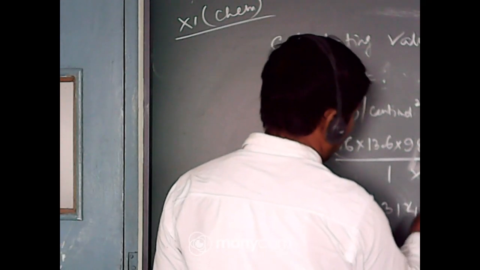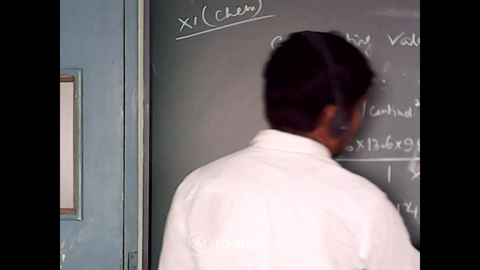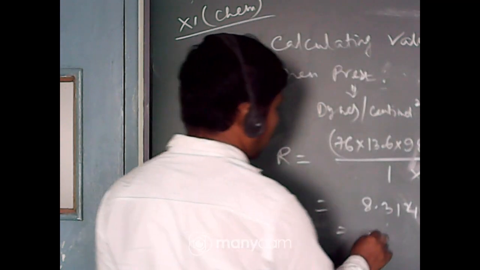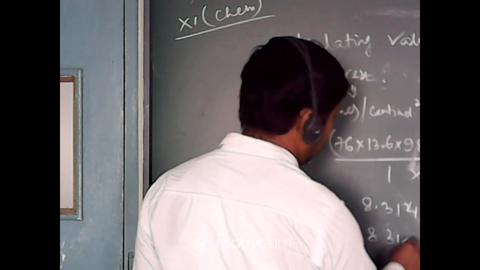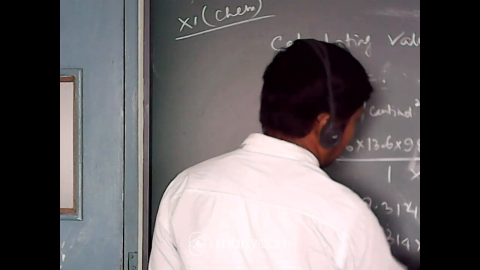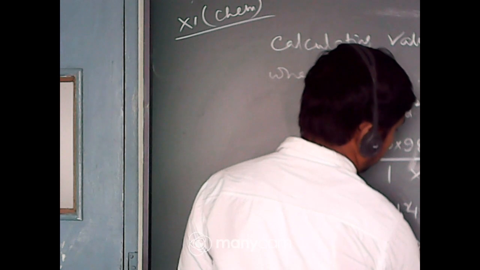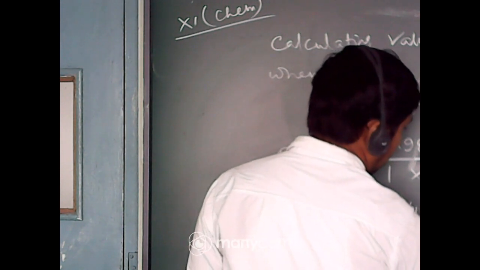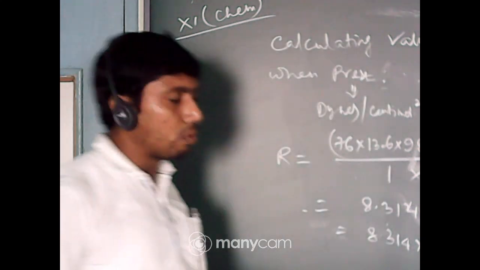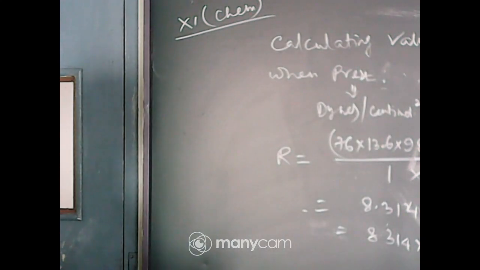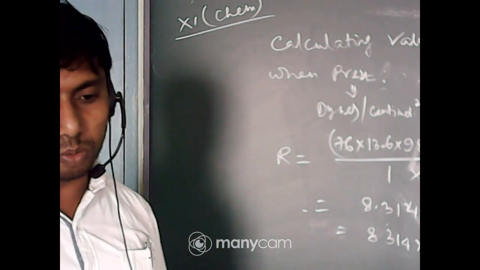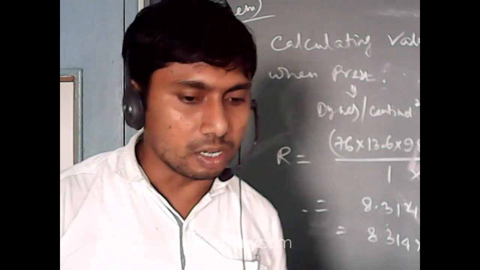Okay. Now dyne centimeter, it is the erg, another conversion factor, 8.314 into 10 to the power 7 erg mole inverse Kelvin inverse. This is the unit when pressure in dynes per centimeter square and volume in centimeter cube.